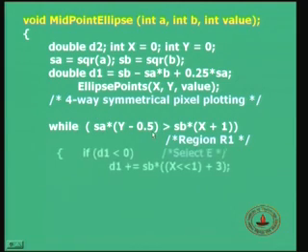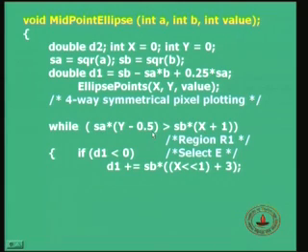So, as long as this is holding good, if d1 is less than 0, select east, and increment the decision variable by 2x plus 3 multiplied by SB. 2x is a bitwise manipulation of x, which will make x double. x is an integer anyway, so I can do a bit manipulation. I hope most of you follow the syntax of C. Otherwise, this operator indicates a bitwise operation to multiply x by the value 2. Okay, so that is very simple.